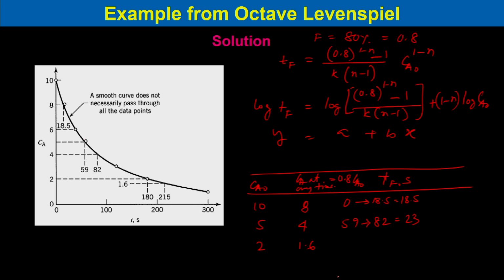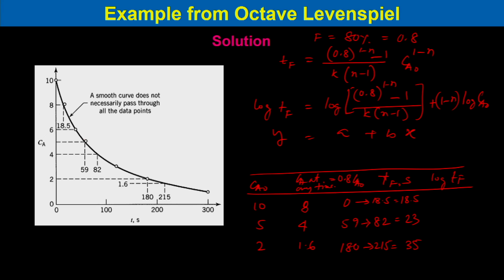And in this case we can see from 180 to 215. So, we will take any two different points and see the change in concentration with the time period. So, this is from 180 to 215, which is equal to 35 seconds.